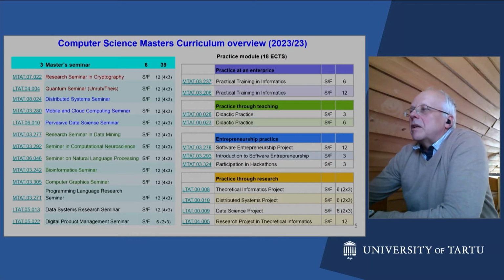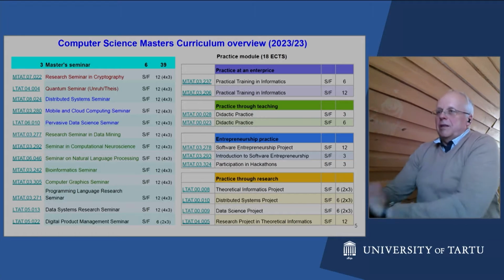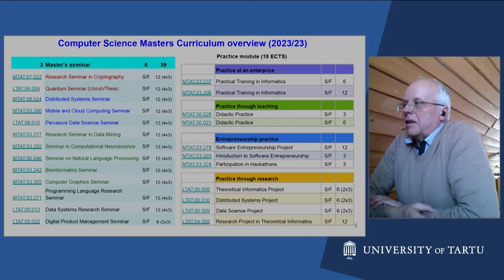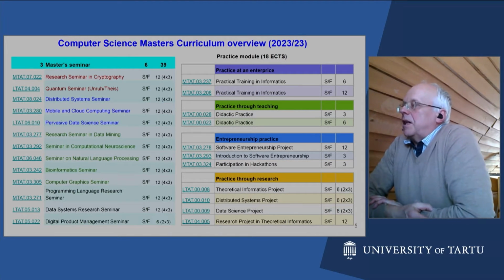But in addition, you can also do programming language research seminar and data systems research seminar, and or digital product management as well. So these are additional possibilities there.